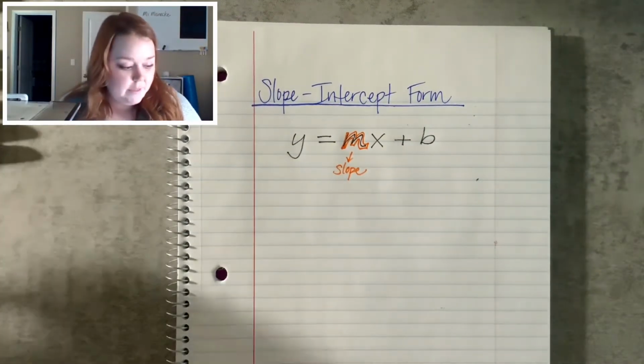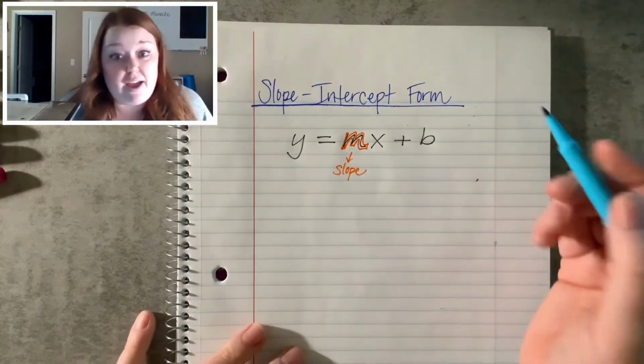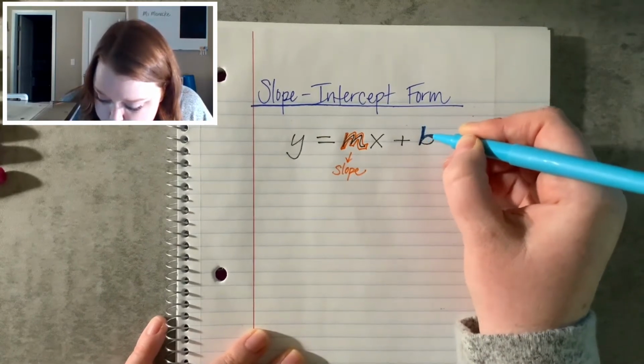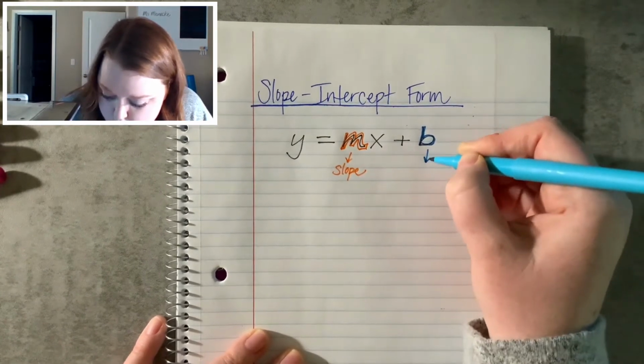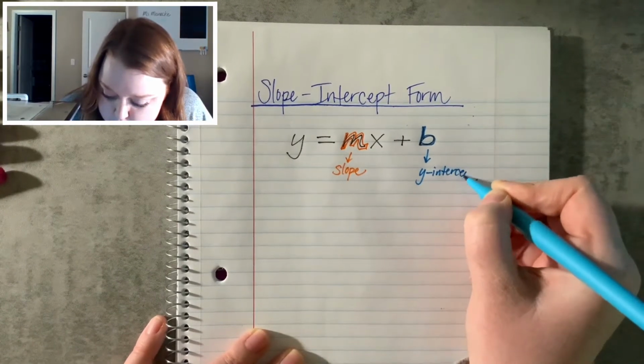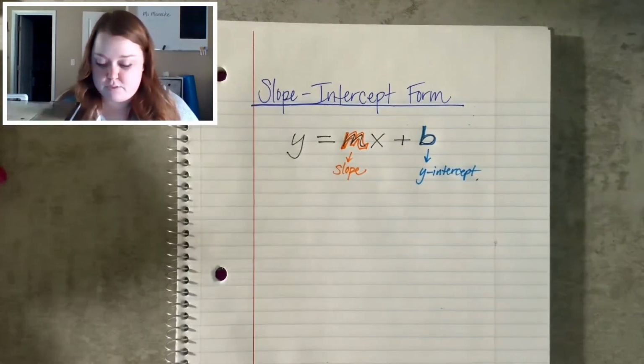And then this b value, that's new. We haven't talked about that at all in my class this year. The b value is your y-intercept. So write that down, please, and let's talk about what that means.